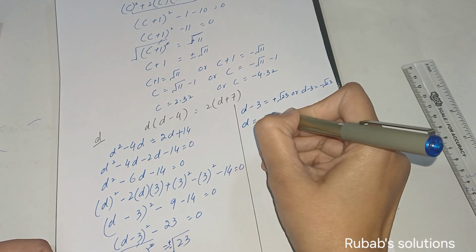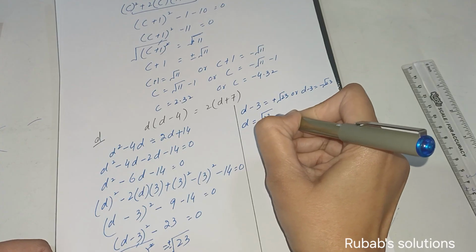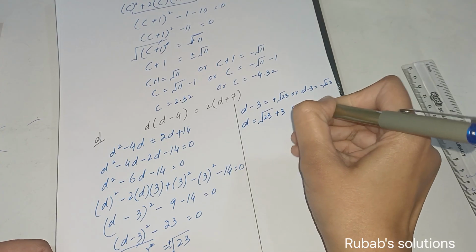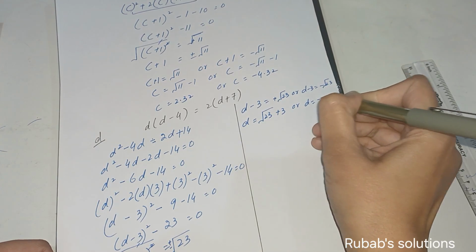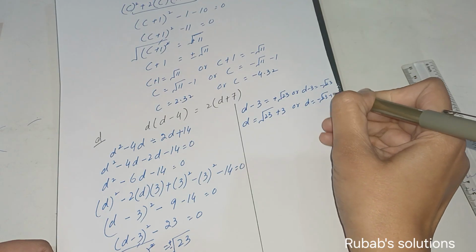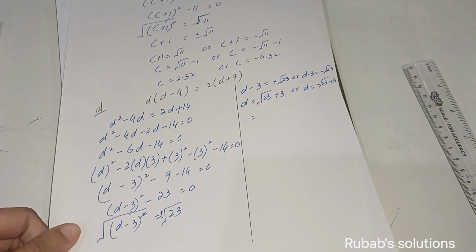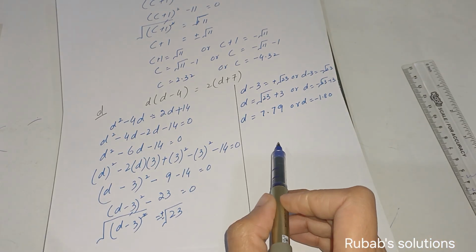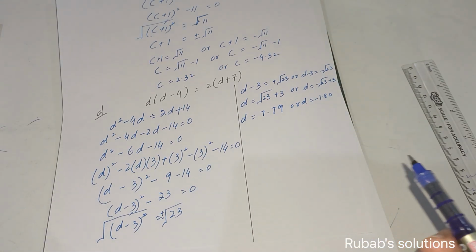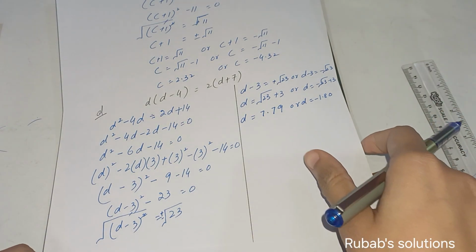From here d is equal to square root of 23 plus 3, and d is equal to minus square root of 23 plus 3. From the calculator I get the answer: d is equal to 7.79, and on the other side minus 1.80.